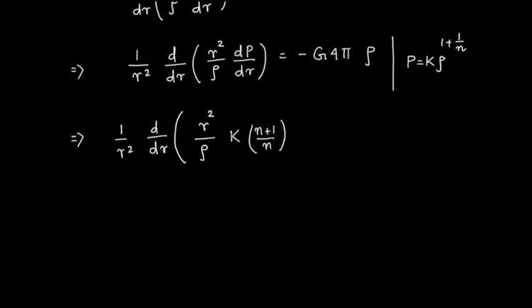When I take the derivative, the power reduces by 1, so rho to the power 1 by n, and then I'll be left with d rho/dr.